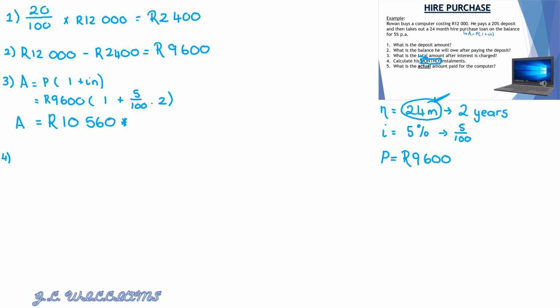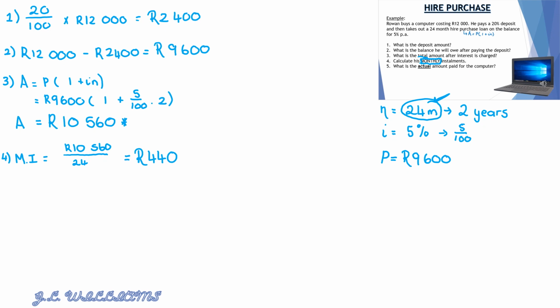So his monthly installments will be the 10,560 Rand divided by the 24 months, because we want to get how much he pays each month. And so this answer is giving us 440 Rand. So he needs to repay 440 Rand every month for 24 months.